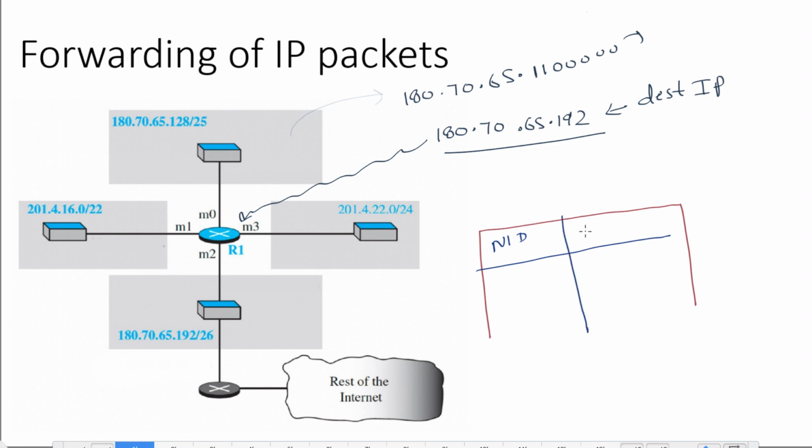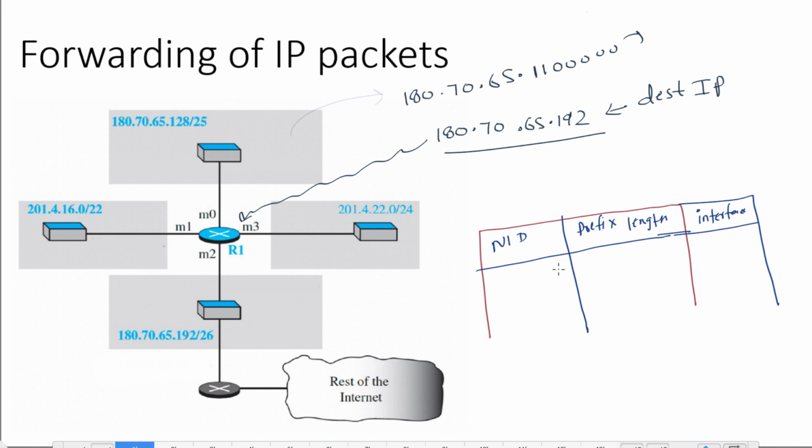Another is the network mask or the prefix length. These values 25, 22, 26, 24 are called mask length or prefix length. And the third field is interface. These are the three fields which are a must for any router.